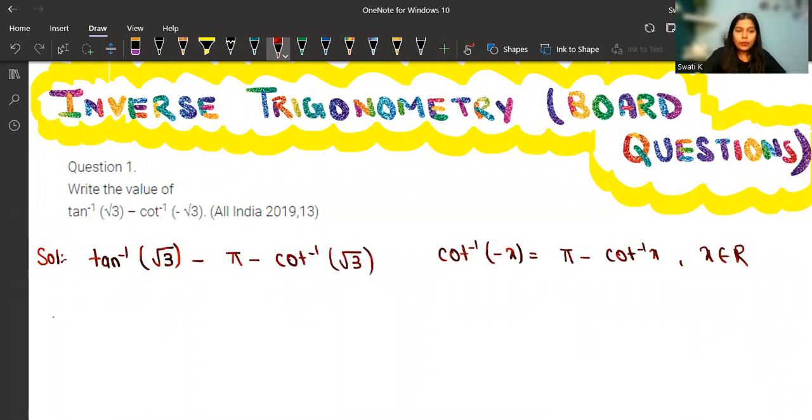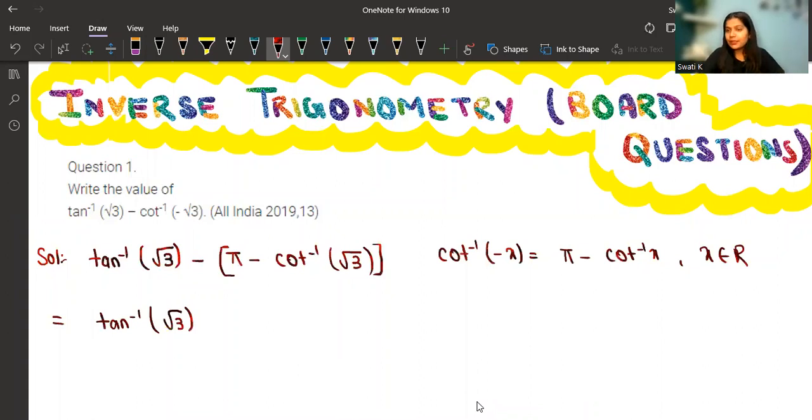Now I can write down tan inverse root 3 as it is. Here one thing you have to remember: because I have used the formula of cot inverse minus x, which is pi minus cot inverse x, and we have a minus sign over here, it's very important to put this part in a bracket.